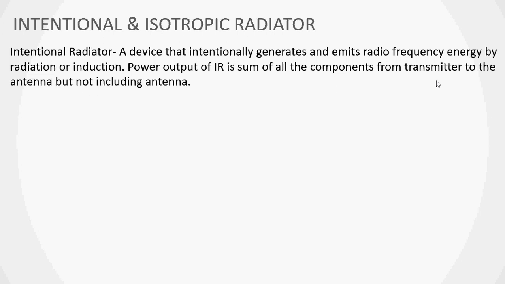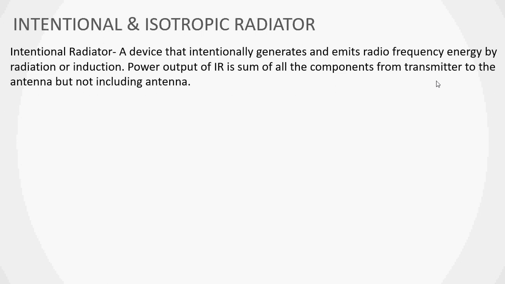The sound produced by the motor is a byproduct, not the intentional sound or intentional waves produced by the motor. So the motor is not an intentional radiator, whereas an antenna or a device that intentionally generates and emits radio frequency energy, like a transmitter, is called an intentional radiator.